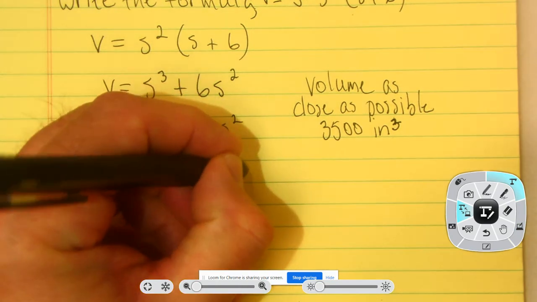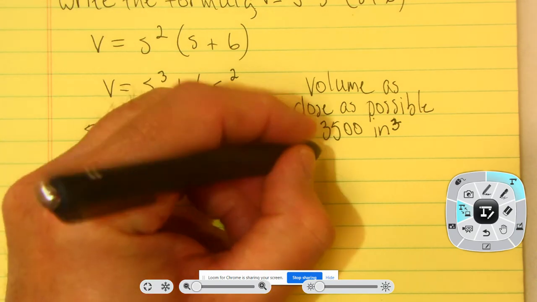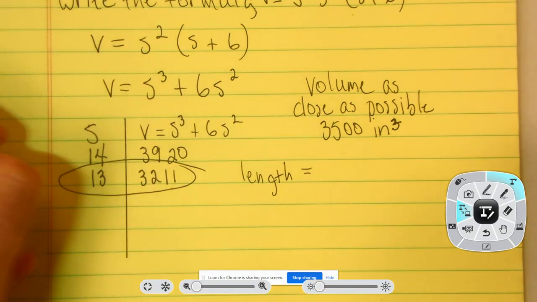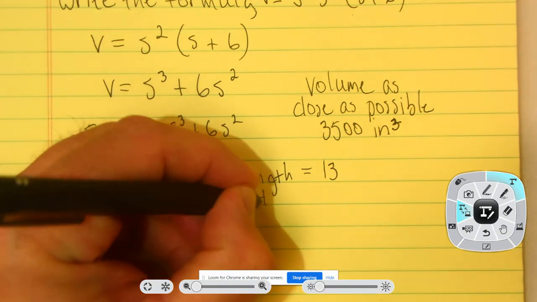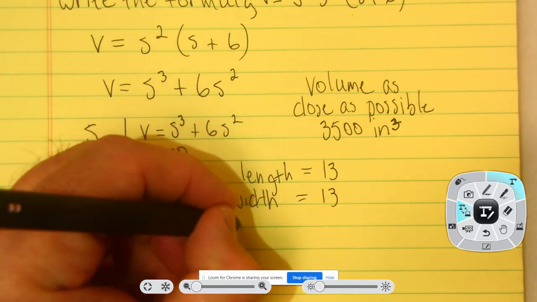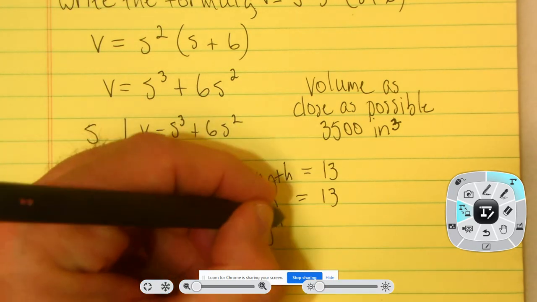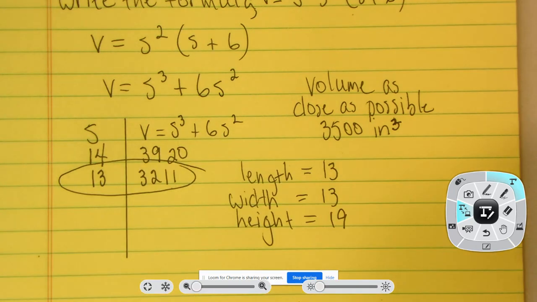So the length should be equal to 13, the width should be equal to 13, and the height should be equal to 13 plus 6, or 19.